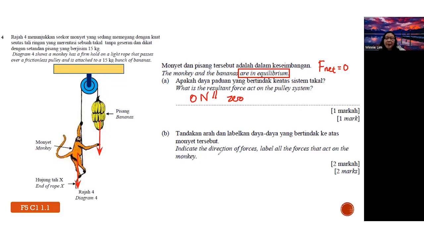Then indicate the direction of forces, label all the forces that act on the monkey. So what I show you right now is they want, okay, the forces that act on the monkey. So the basic idea, we focus on the monkey. You will have the weight, and you also will have a string with the tensions acting in opposite direction.